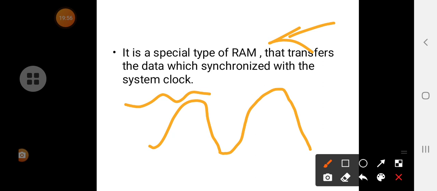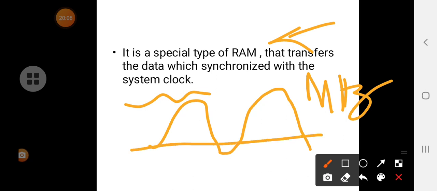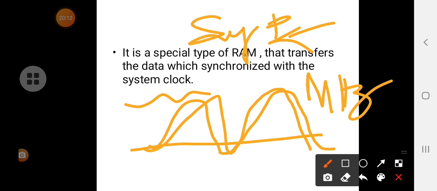There is a clock in all computer environments. The speed is measured in megahertz. Whenever the data is transferred with respect to time, that is mentioned in synchronous RAM. So the data transfer is always synchronized with the system clock.